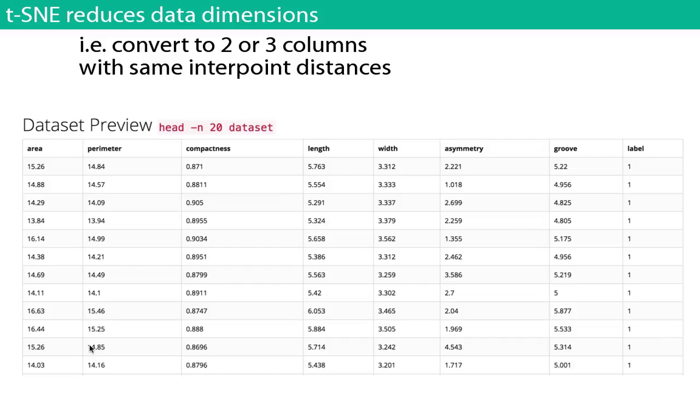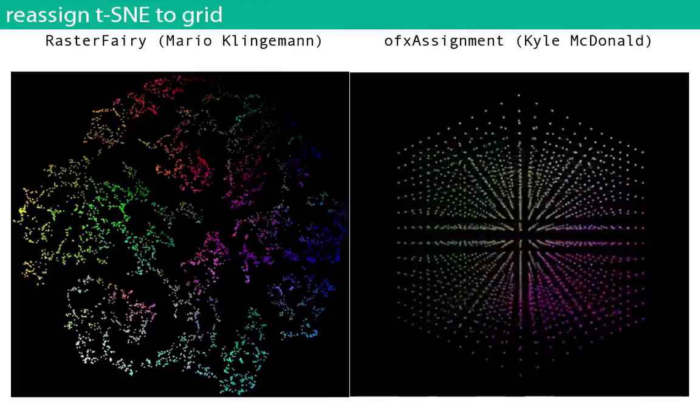So if a point in 1,000 dimensions is similar to another point, they should be similar to each other with 2 columns. It's trying to find the optimal representation of a data set in 2D, because if we do that, we can then visualize it by plotting those 2D points. I'll show you that visualization.